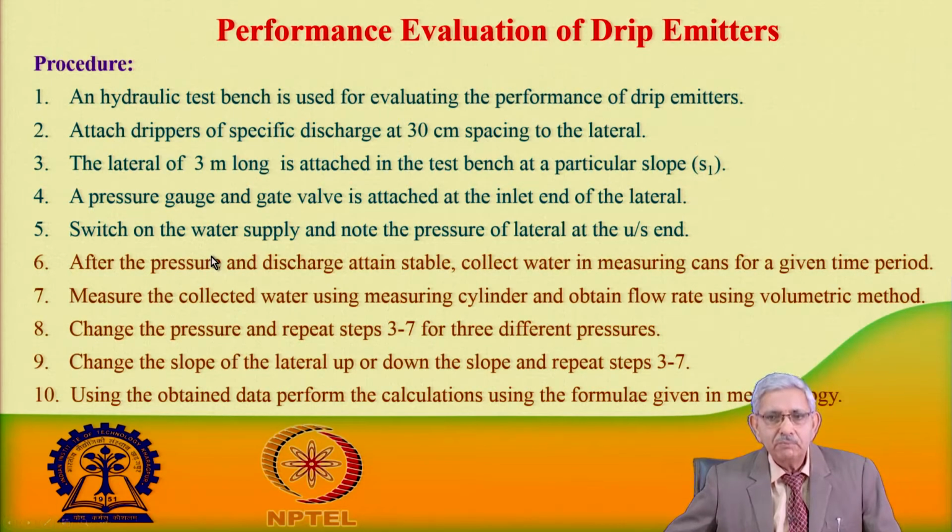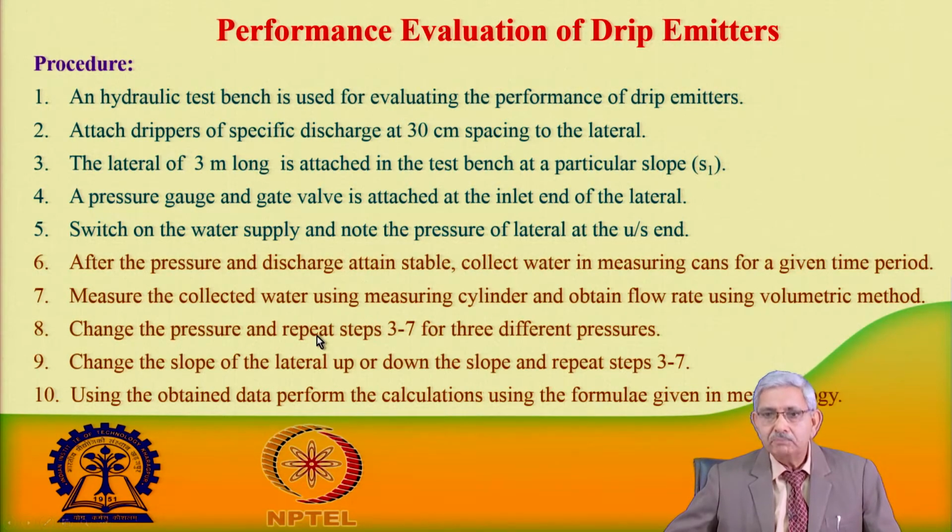This pressure could be of the order of 0.2, 0.4, 0.5, 0.6, 0.8, to see how these drippers perform at different pressures. Of course, the ideal pressure to operate these is 1 kg per square centimeter, but there could be different situations where that much pressure may not be available, or pressure is available at a higher rate. Then one can use these pressures and know how much discharge variation takes place due to the change in pressure.